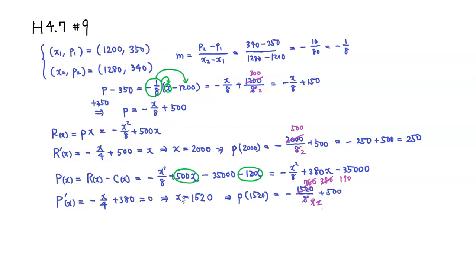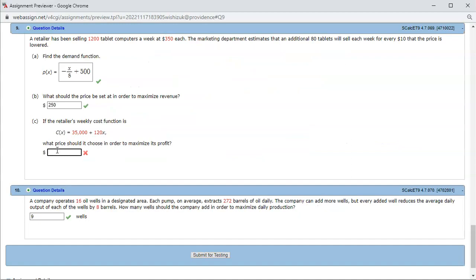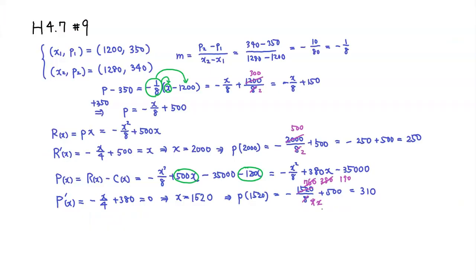So it's going to be negative 190 plus 500, which is 310. Right? So we're going to put 310. Let's check the answer. It came back, and it looks like we got this one correctly. That's it. I hope that this was clear.